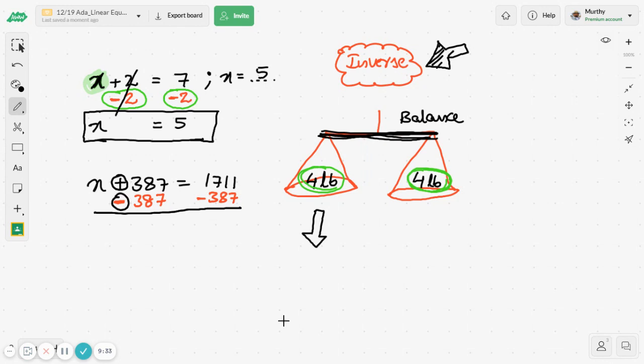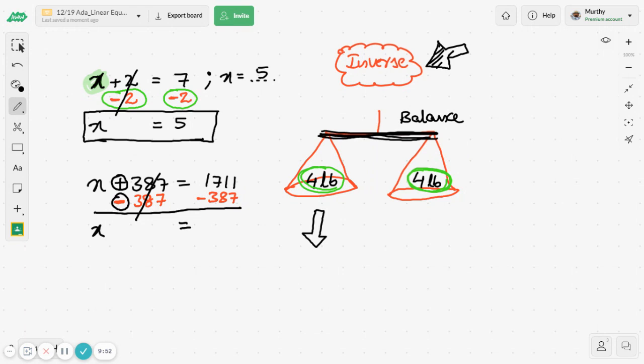These two are the same values but with opposite signs. Like in the previous question, positive 2, negative 2 gives us 0. Likewise, positive 387, negative 387, 0. So I'm not writing the value of 0 here, I'm simply striking.